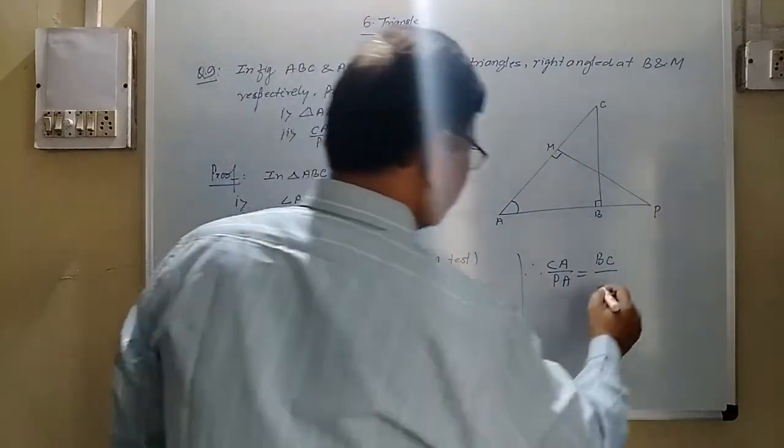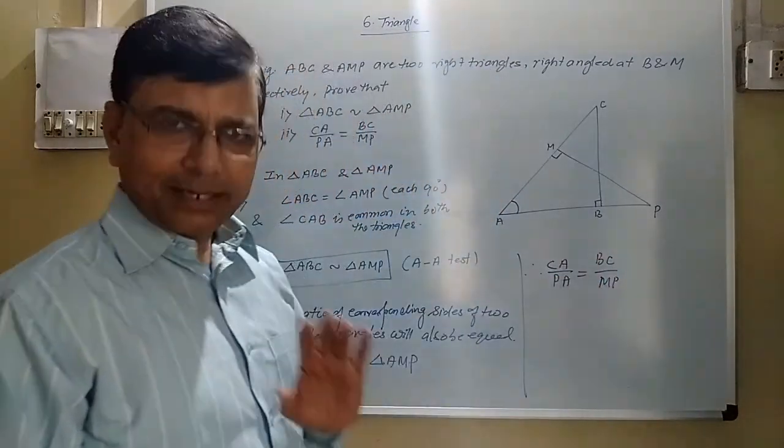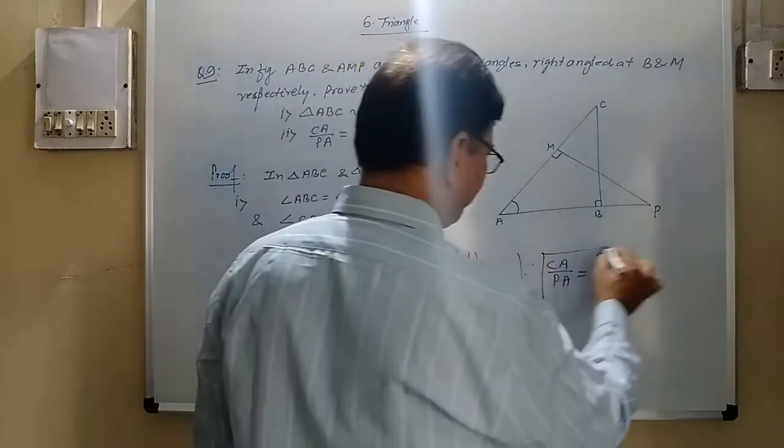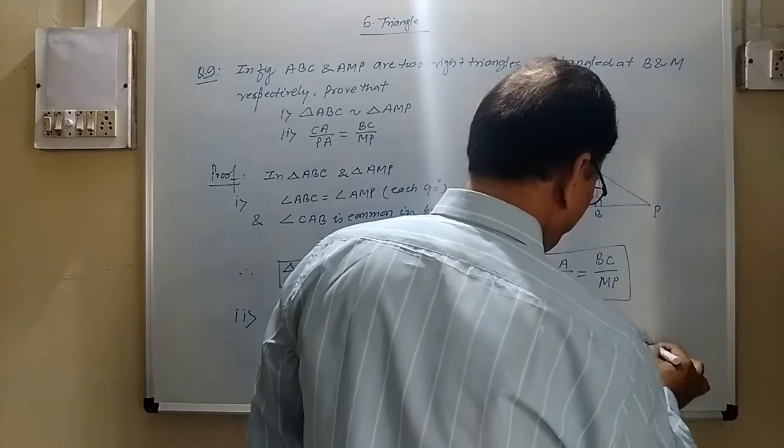So BC and MP are the corresponding sides of these two triangles. So this is also proved.